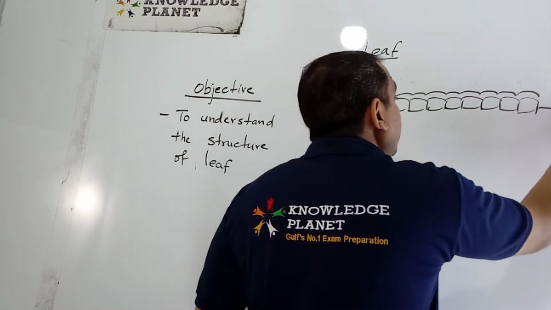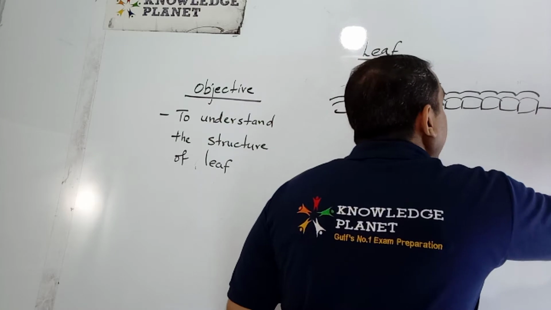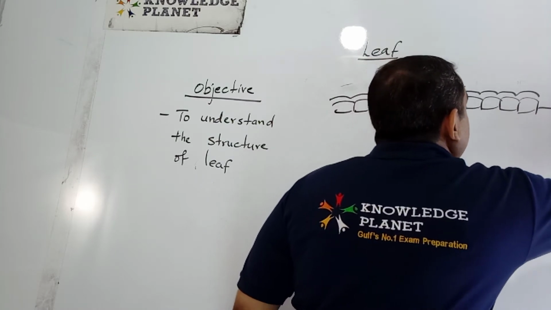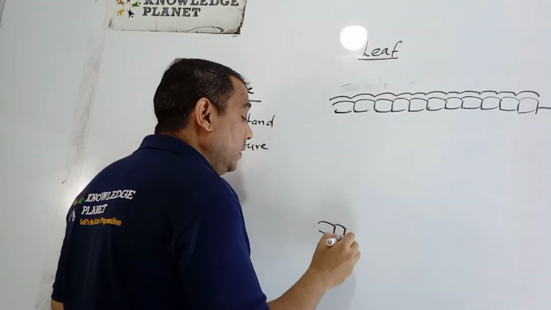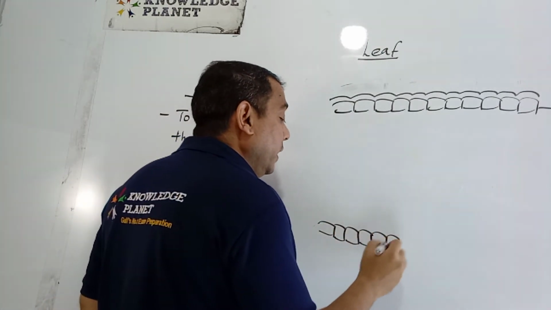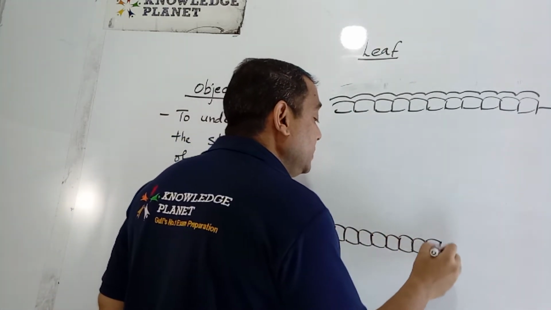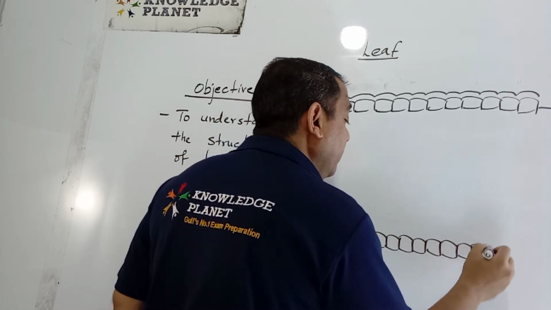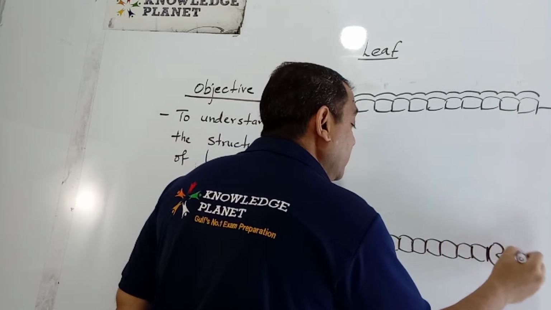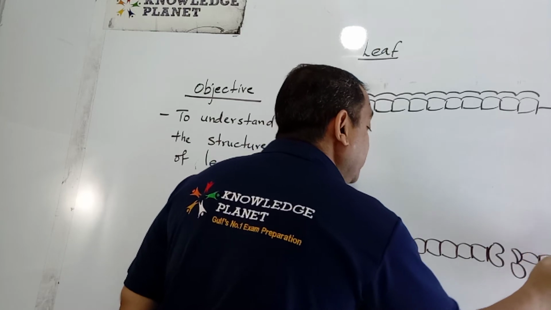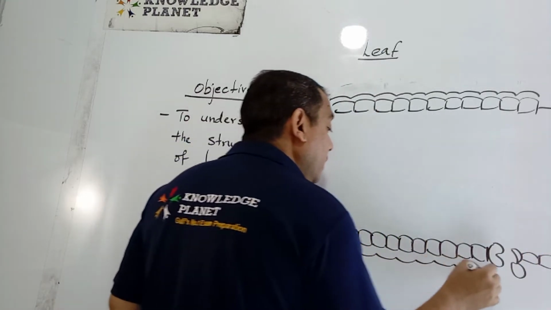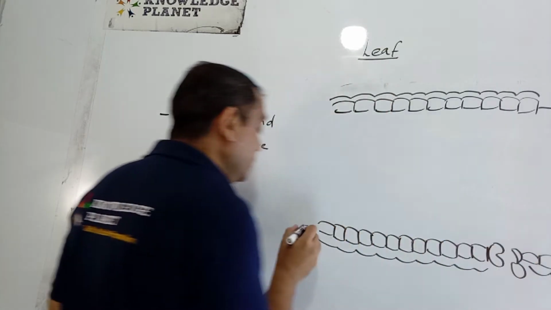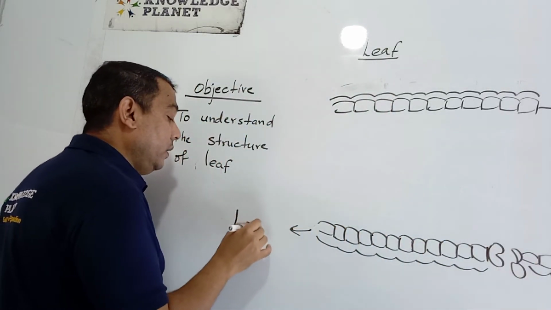And similarly you will have one more downside also. This is called the lower epidermis. So this is upper and this is lower epidermis, okay?